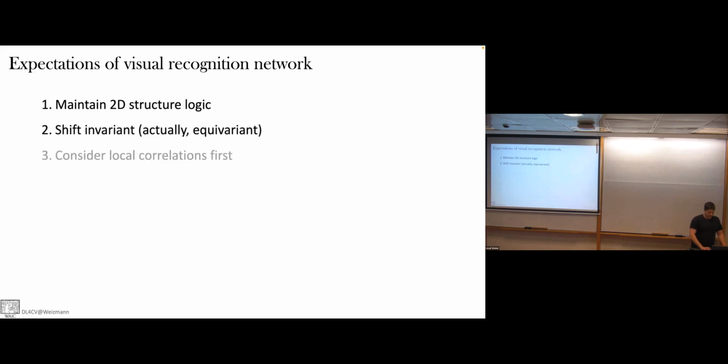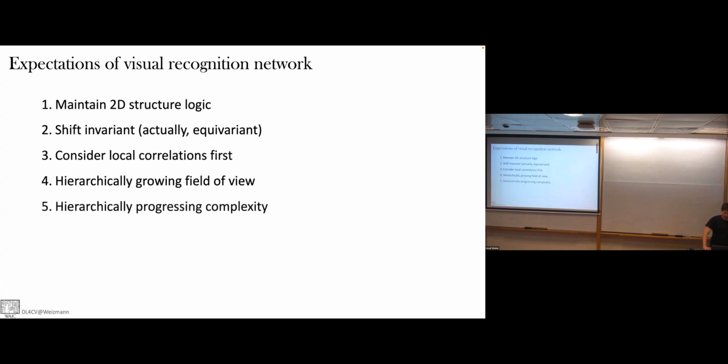This shift invariance we just saw, and we want to consider local correlations first. So we looked at this horizontal line and vertical line, they were next to each other. It wouldn't help a lot if I say that at this point in the image there is a vertical line, and over there is a horizontal line. I can't really do something useful knowing this. So I start with the local correlations and then I gradually grow. So this is where comes hierarchically growing field of view that we talked about, and hierarchically progressing complexity, which we also just mentioned. And then we want a reasonable amount of parameters, okay?